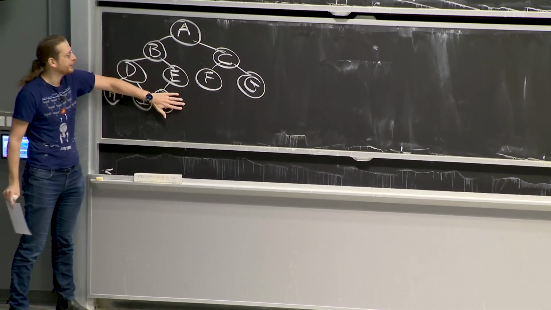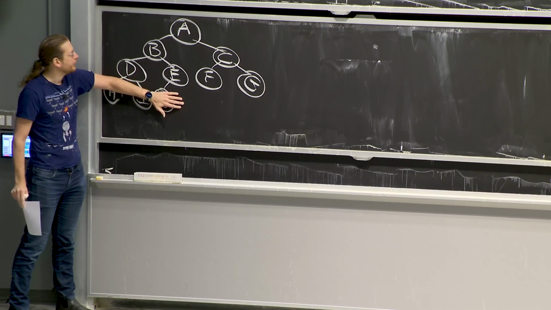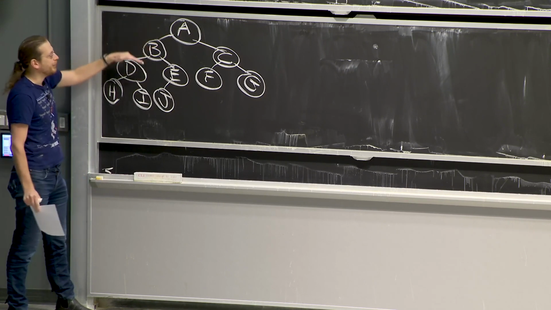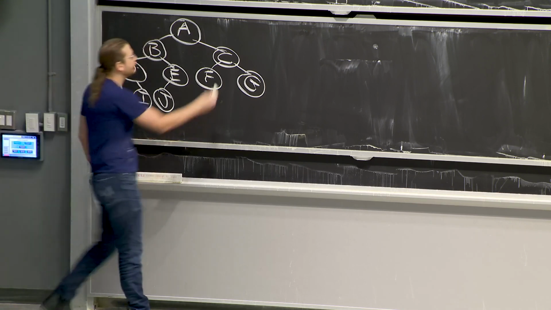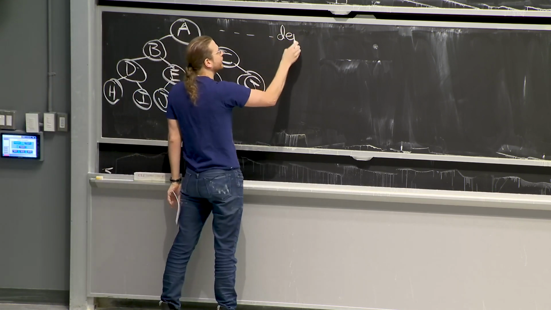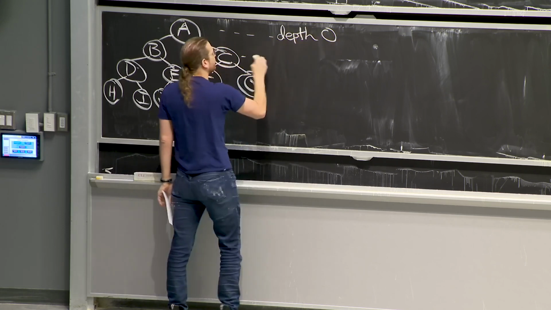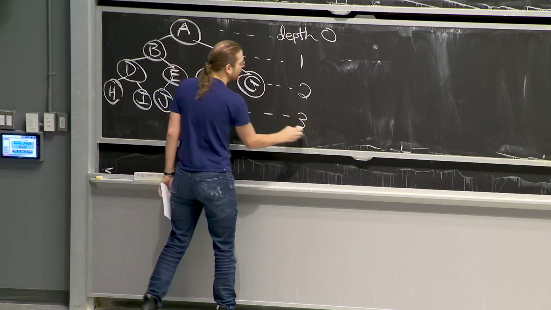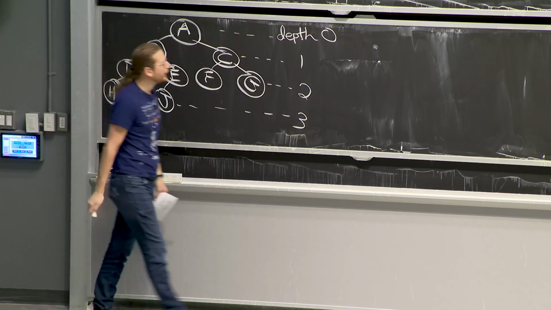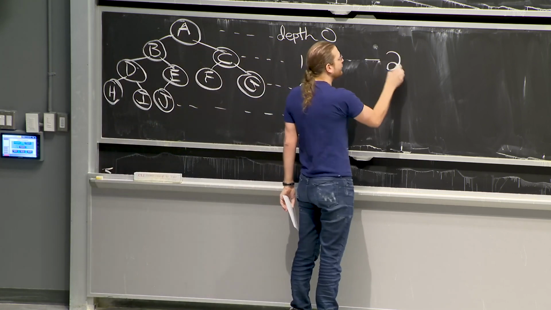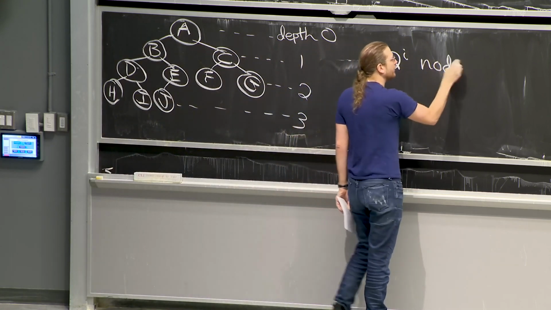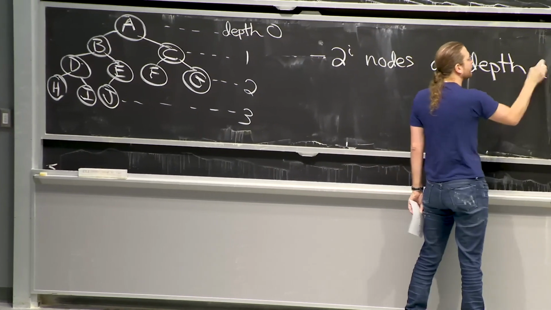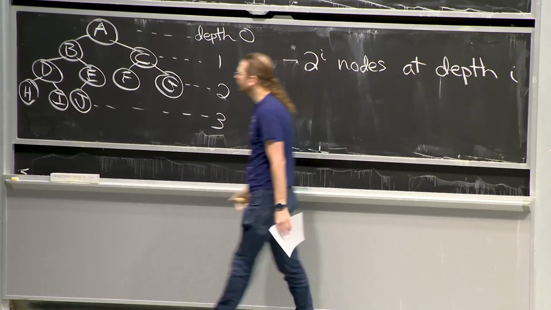Perfectly balanced would be like this, where the property is that all of these levels, all of these depths, are completely filled with nodes. This is depth 0. Remember, this is depth 1. This is depth 2. This is depth 3. So what I'd really like is to have 2 to the i nodes at depth i. That would be a perfect binary tree.